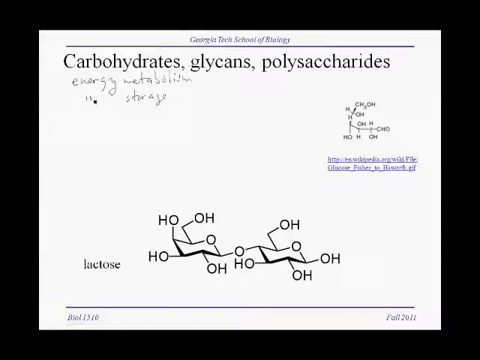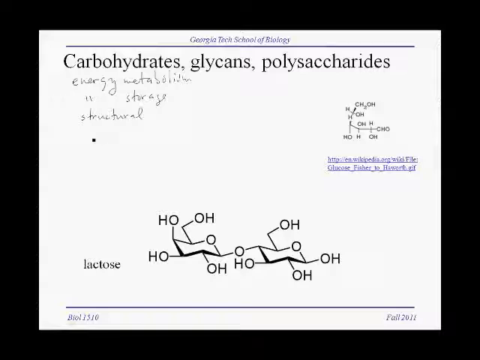They store energy in the form of polysaccharides, these large chains of carbohydrates. In addition to storage, polysaccharides can have structural roles. For instance, cellulose fibers make up the bulk of the cell wall for plants.